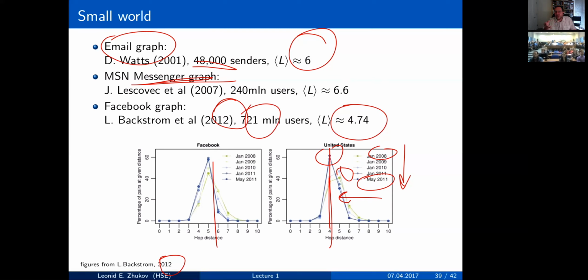So I would expect that this average diameter has shrunk even more. So we're not at 6 degrees of separation, not 5 degrees of separation, but even less. Which is really fascinating. In 4 steps you pretty much can connect to anybody in the world.